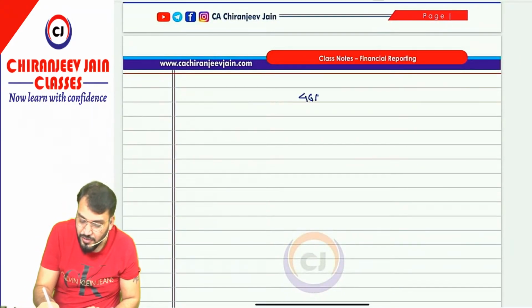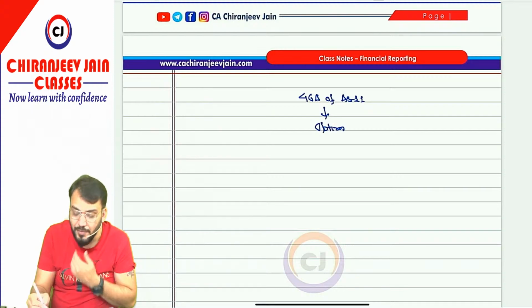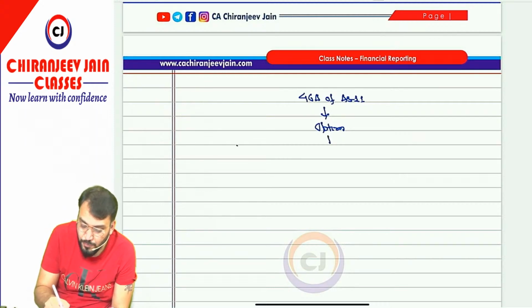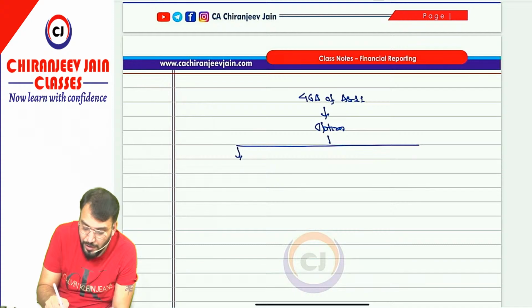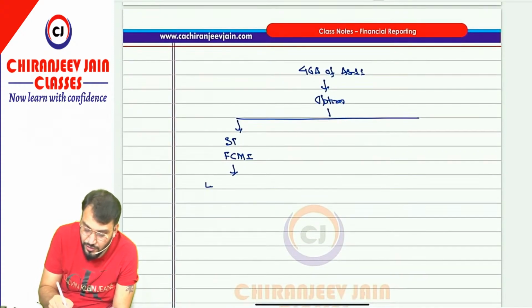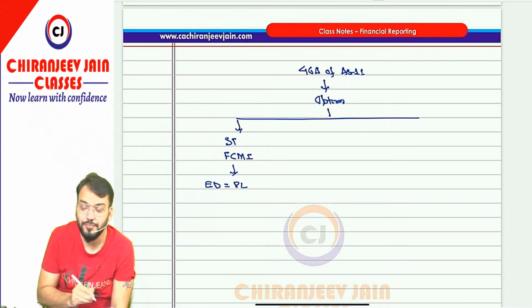There is an option, and the option is only available for long-term foreign currency monetary items. For short-term foreign currency monetary items there is no such option, and any exchange difference on them will always be transferred to PL.